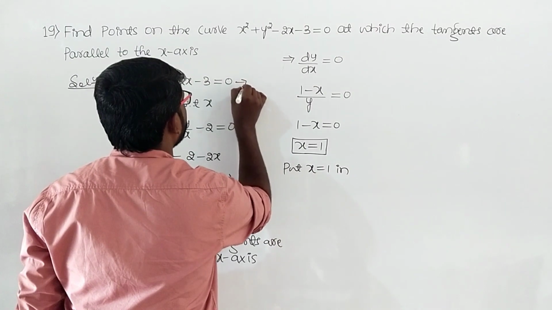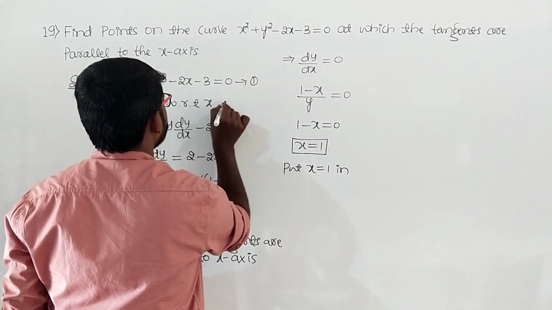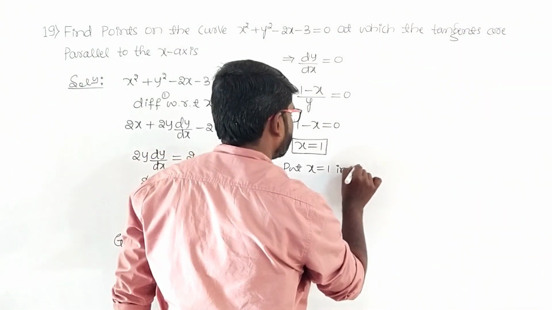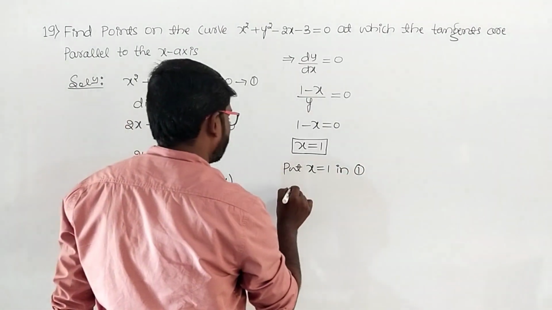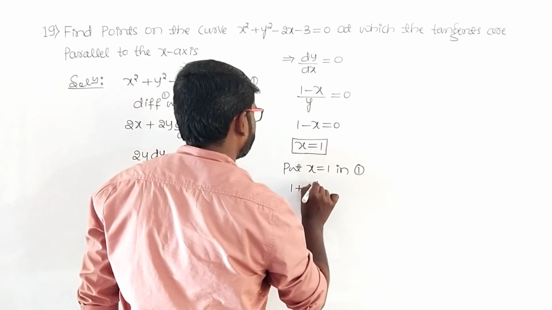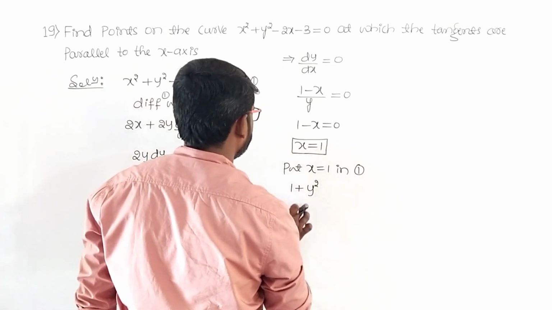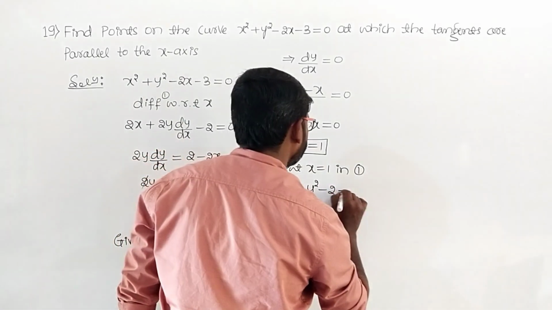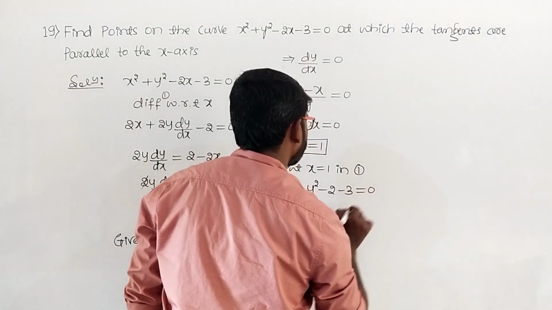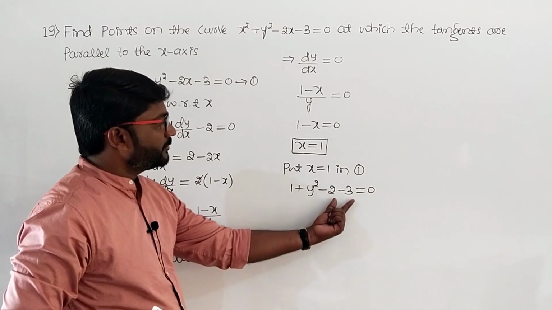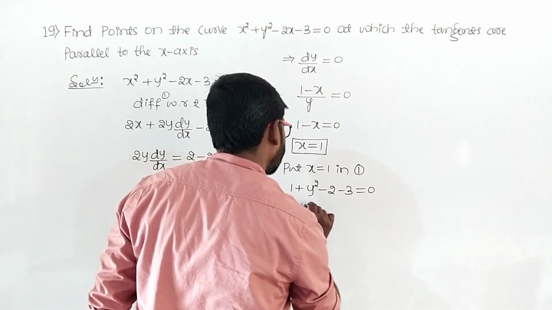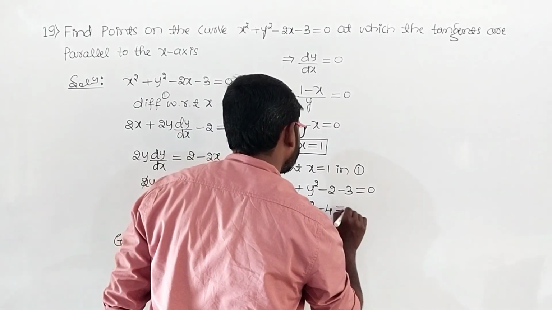Call this as equation number 1. In equation 1, so now 1 square will be 1 plus y square, and then minus 2 into 1 it is 2, minus 3 is equal to 0. Then see here minus 2 minus 3 will be minus 5, 1 minus 5 will be minus 4. So you get y square minus 4 which is equal to 0.